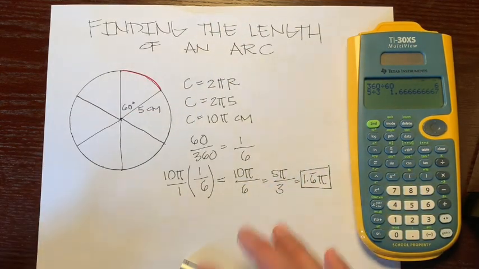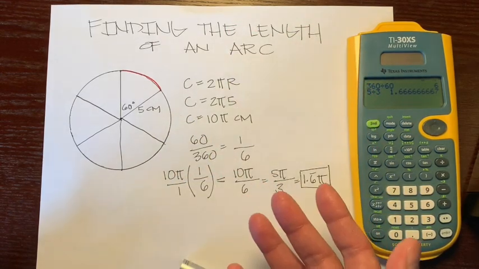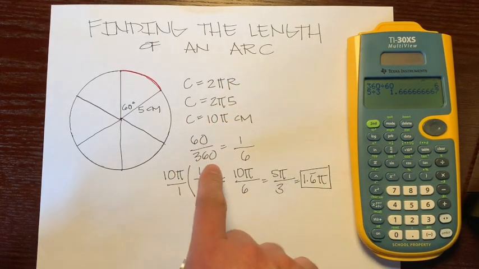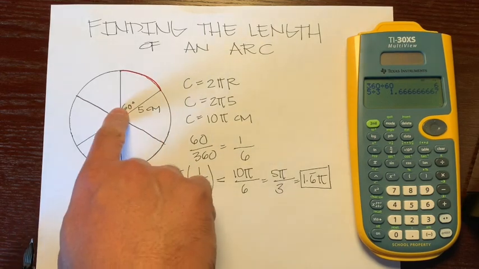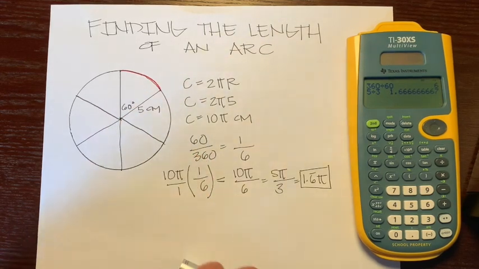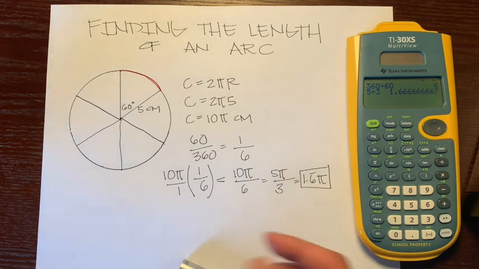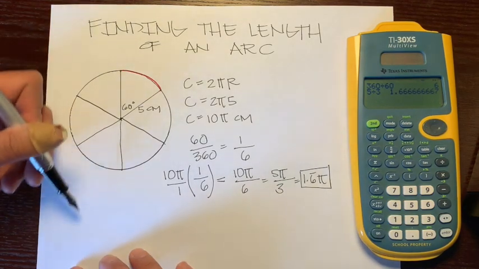And the formula for this, if you think about it, first we found the circumference and we multiplied it by the central angle over 360. So here's the formula. Make a flashcard or a power card on this.